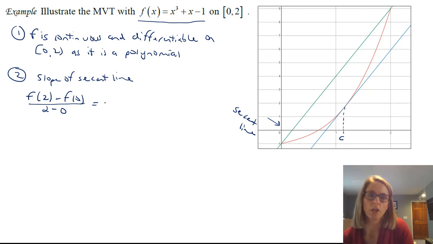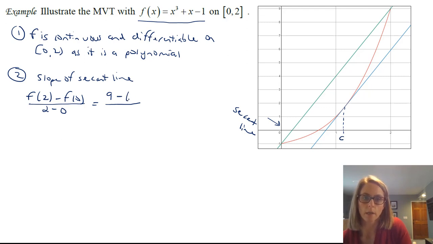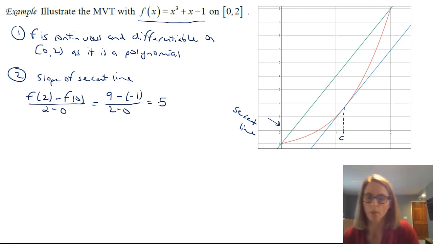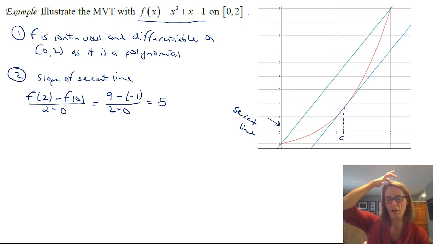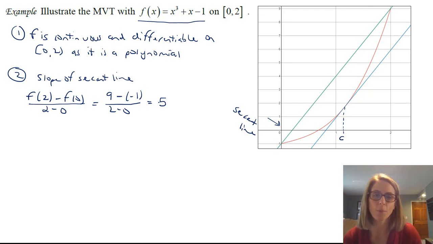So we plug that in, and you can pause if you want and come up with that slope, but f of 2 is 9, and f of 0 is negative 1, and then we have our 2 minus 0. So this is going to give us 5. Arguably you can see that from the graph, but we need to do it this way because we don't always have the graph. So the slope of that green line is 5.